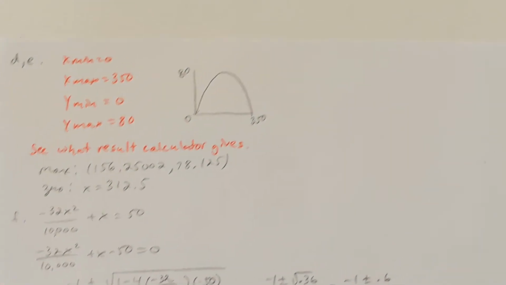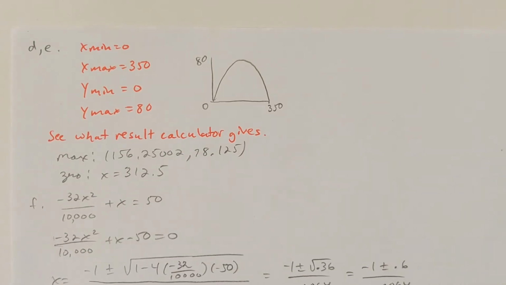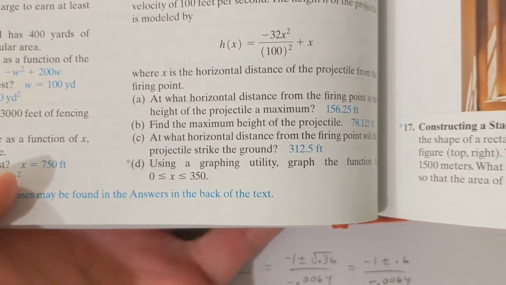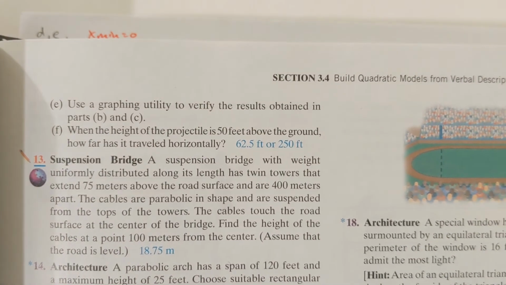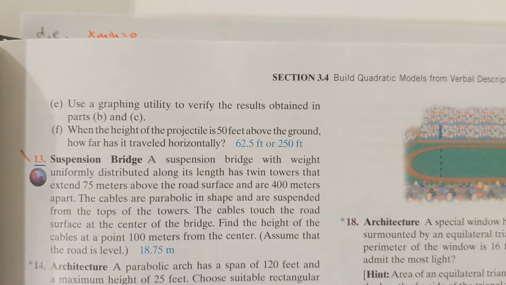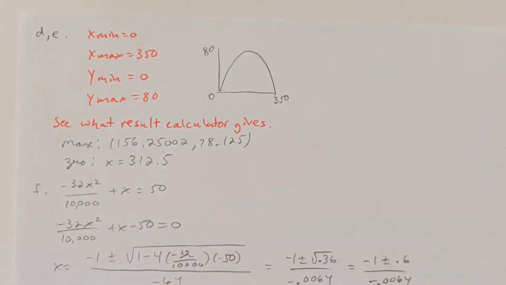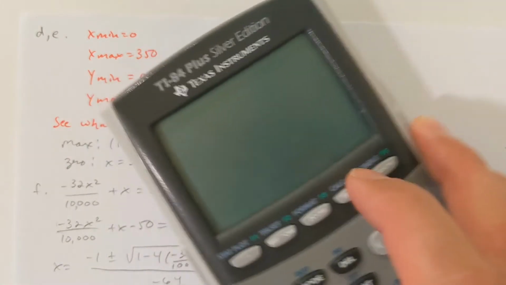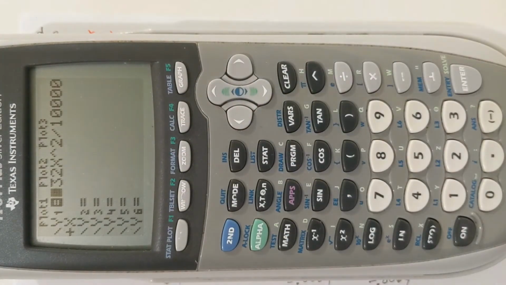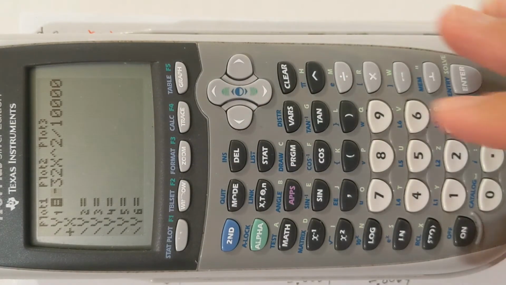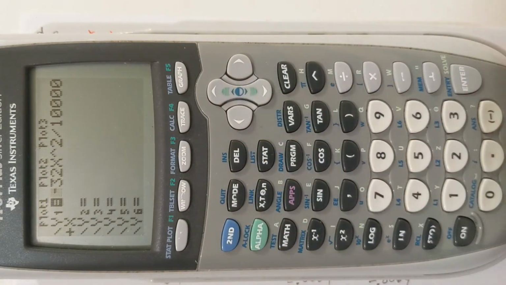Part D and Part E. Use a graphing utility to graph the function h on the interval 0 to 350, and part E, use the graphing utility to verify the results in parts B and C. Okay, so we graph the function, and let's see here.